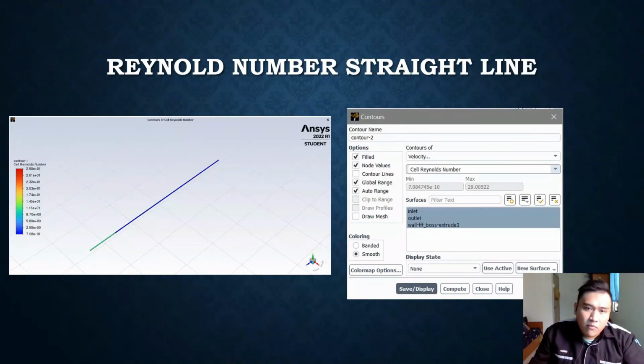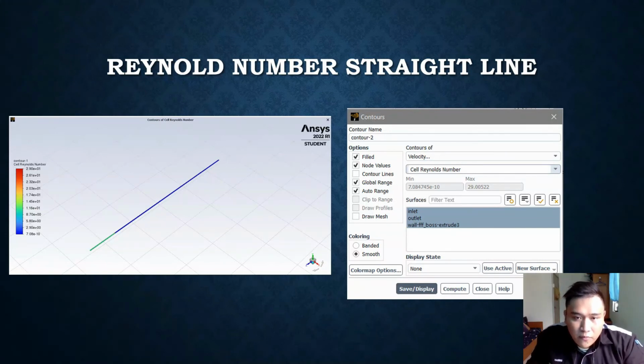And for the Reynolds number of the straight line, we can observe the maximum is 39.00522, and the minimum for the straight line is 7.0875 exponent -10.